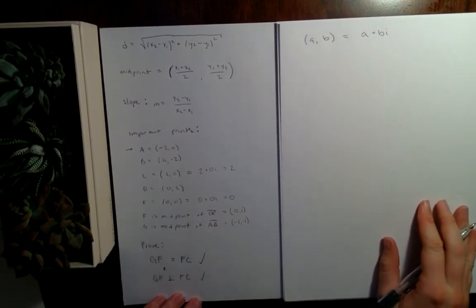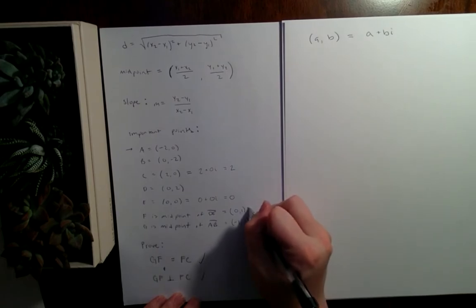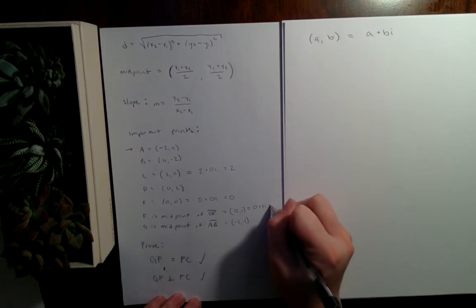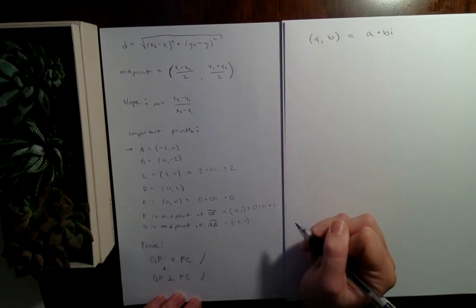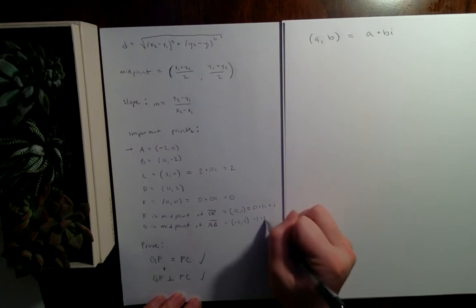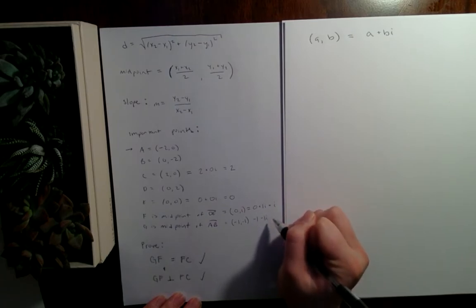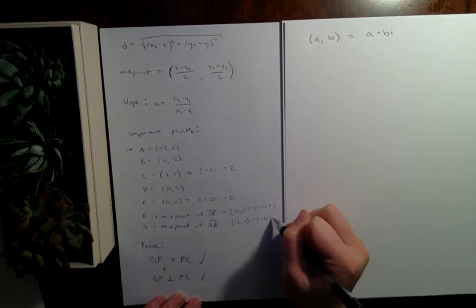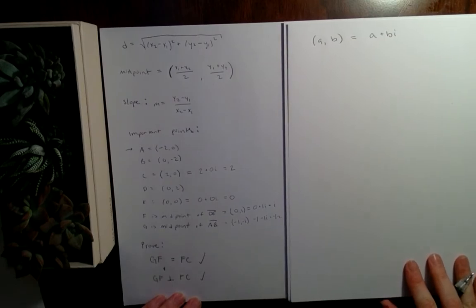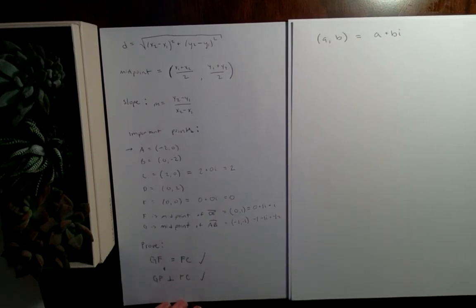F is a little different. We get 0 plus 1I, which is just equal to I. And then we get G, which is minus 1 minus 1I, which is minus 1 minus I. So we kind of have our new frame of reference that we're thinking in things from.